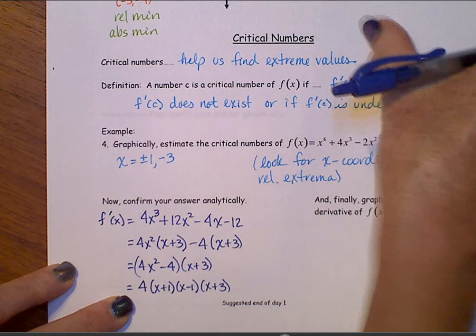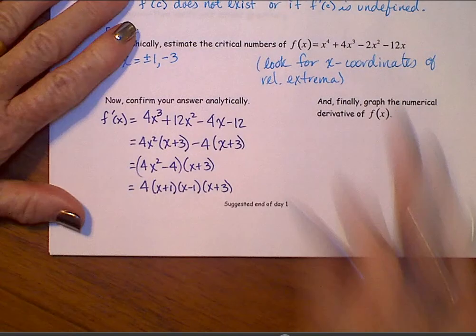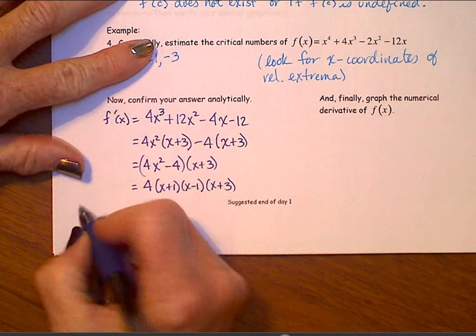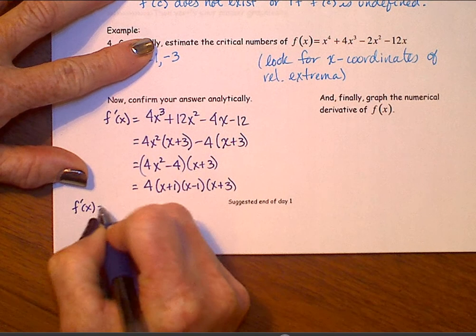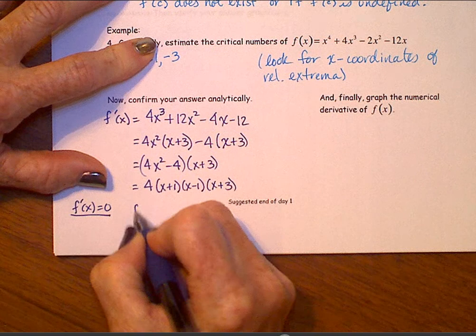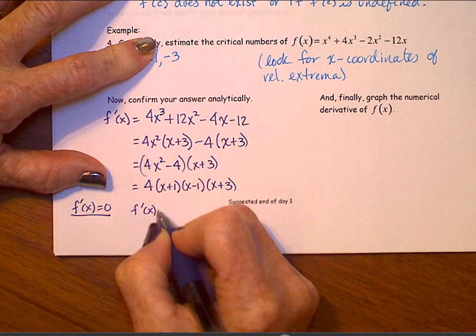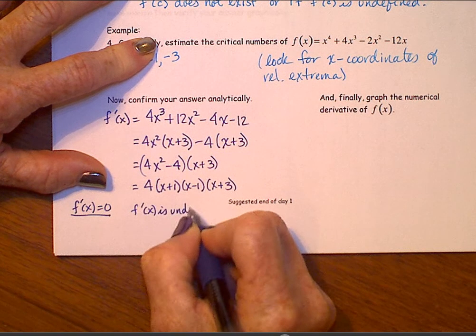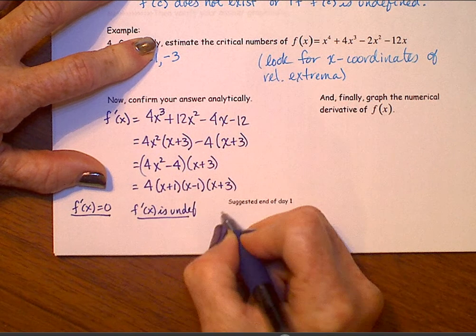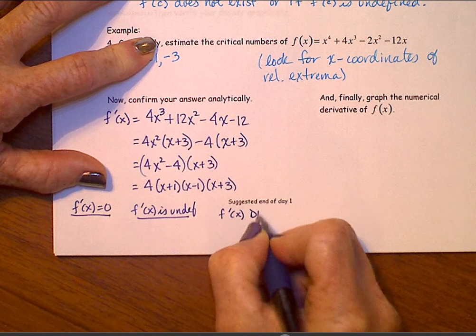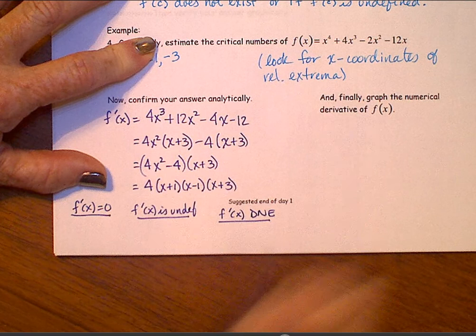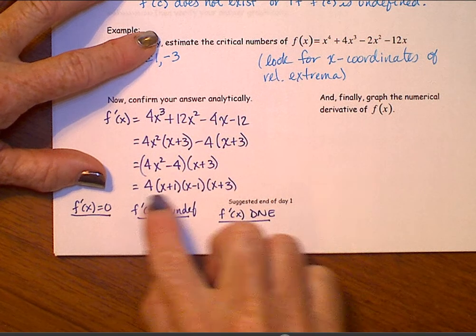Now again, to identify critical numbers, we are interested in where f prime of x is equal to 0, where f prime is undefined, and where f prime of x does not exist. All right, f prime is a polynomial.